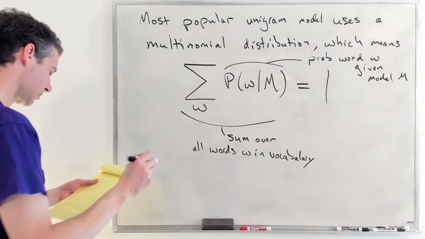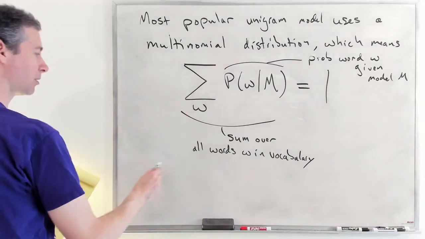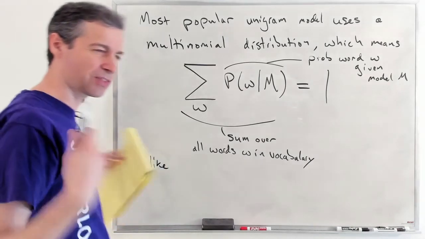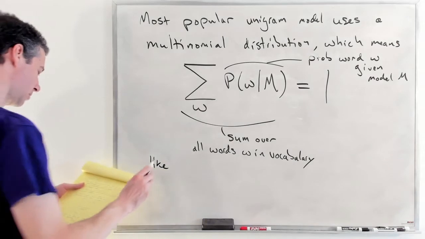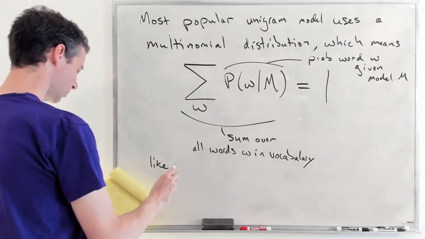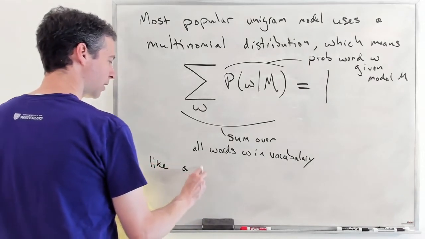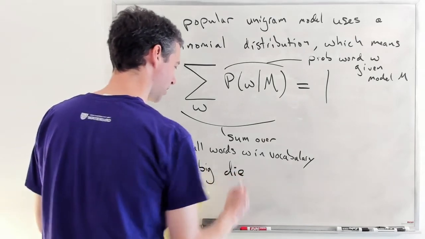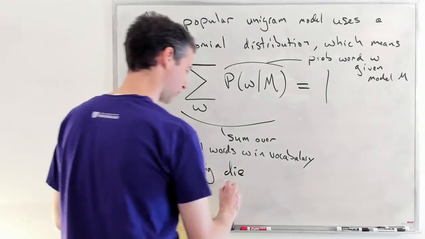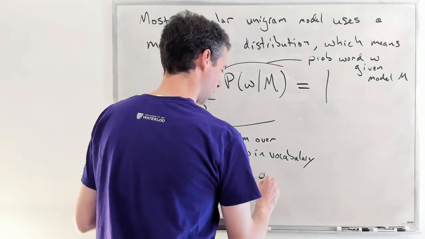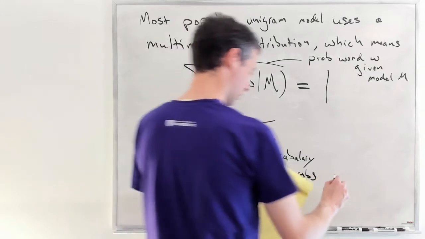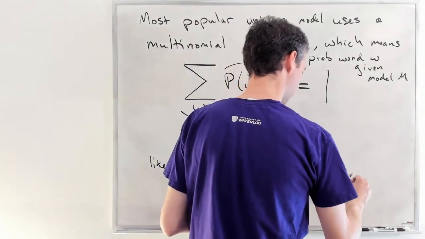Okay, now one thing I think is really helpful to start thinking about is that a multinomial is like a big die, die being singular for dice. All right, and keep in mind that these probabilities are independent.